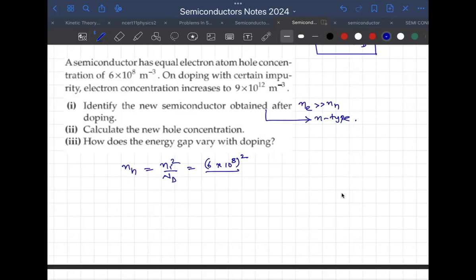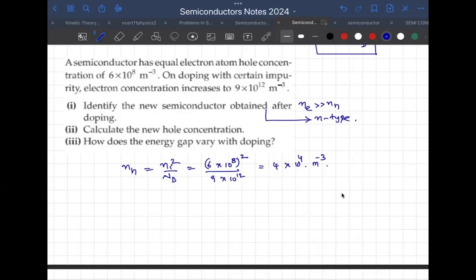And N_donor is 9 into 10 to the power of 12. So finally, 36 by 9 is 4, and 10 power 16 minus 12 gives 10 power 4 per meter cube. Obviously, it is of the order of 10 power 4 and electrons are of the order of 10 power 12. That is true.